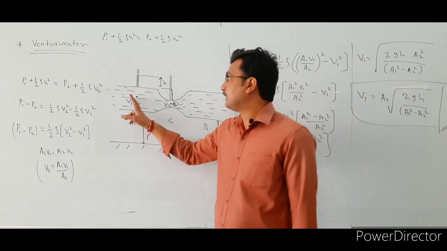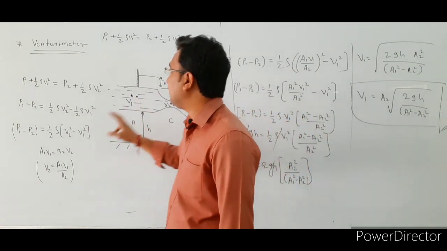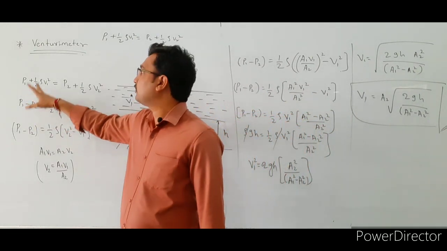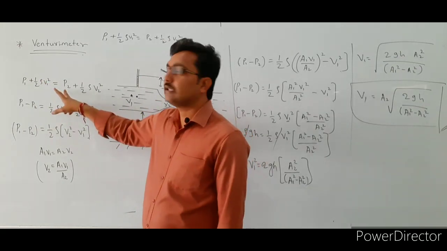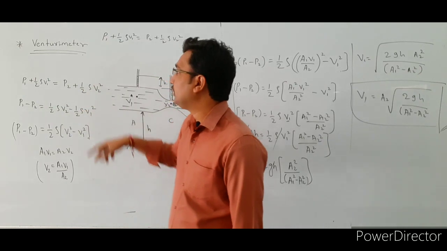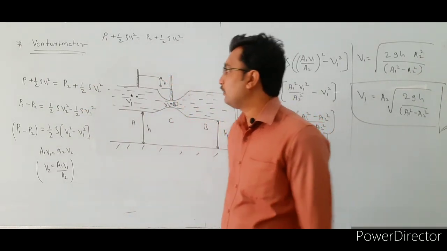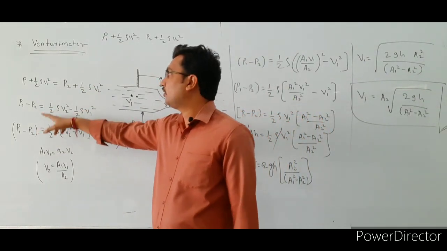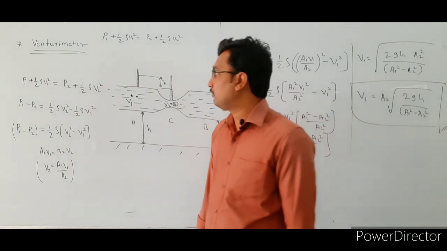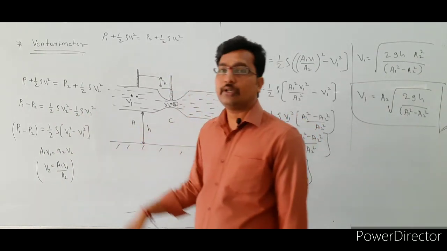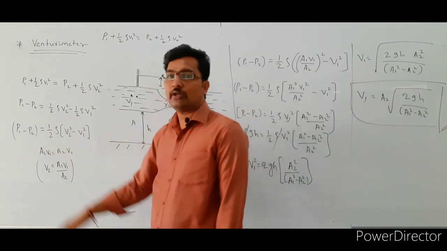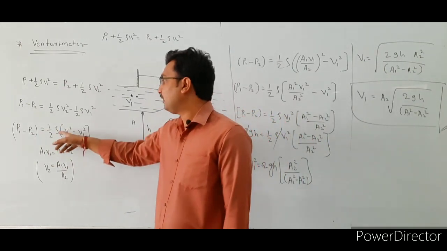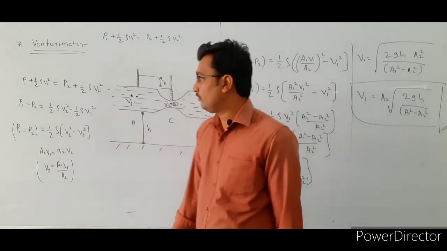Applying Bernoulli's theorem for point A and point B, at point A the pressure is P1 plus 1 by 2 rho V1 square, equal to, at point B, P2 plus 1 by 2 rho V2 square. So rearranging this equation, P1 minus P2 is equal to 1 by 2 rho V2 square minus 1 by 2 rho V1 square, right? After that we take 1 by 2 rho as a common term, so 1 by 2 rho bracket of V2 square minus V1 square.